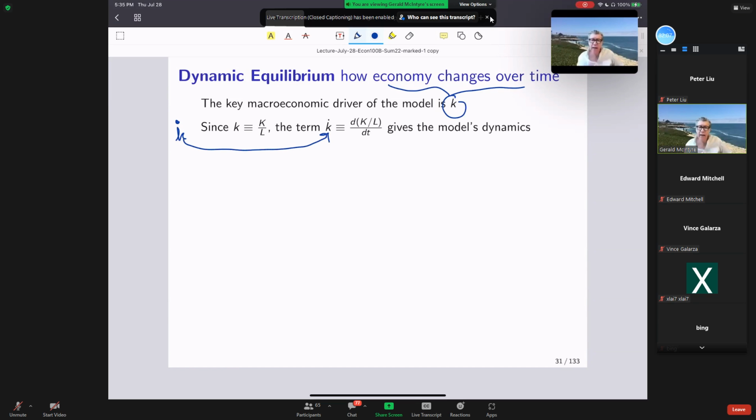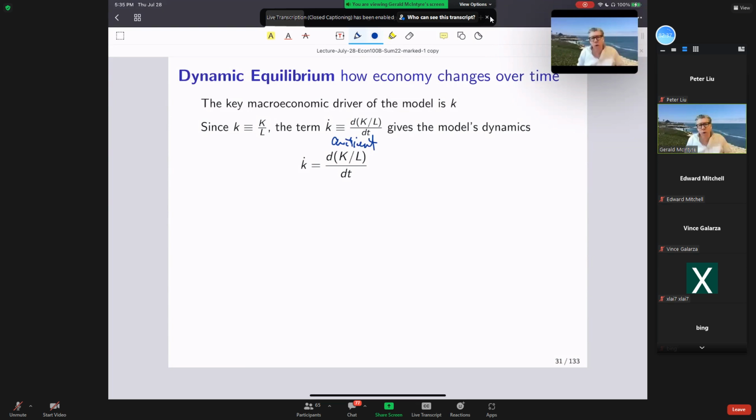Well, we're differentiating K over L. That's a quotient, and so that means we'll need to use the quotient rule when we differentiate. Recall what the quotient rule was. It's in the math review and possibly on the Canvas quiz this weekend. Some of those rules may be on the quiz.